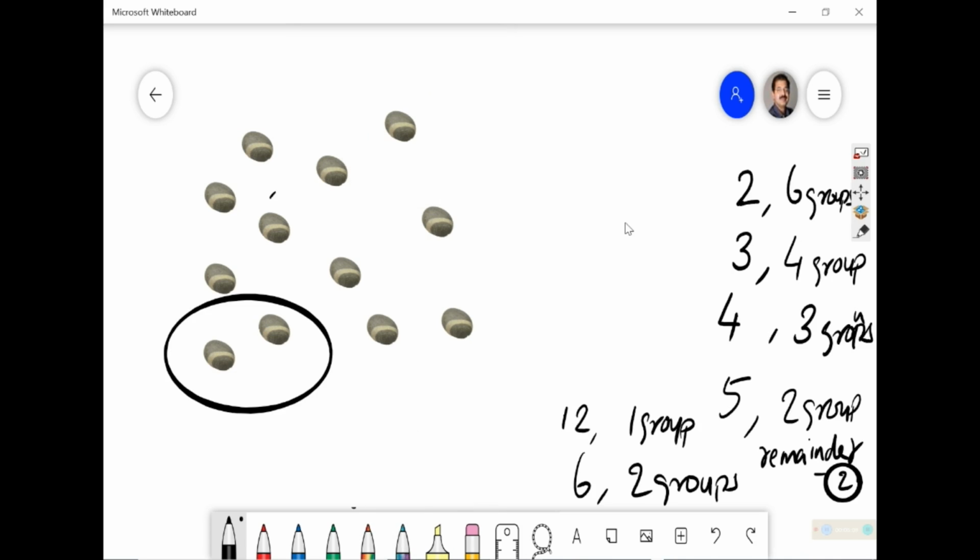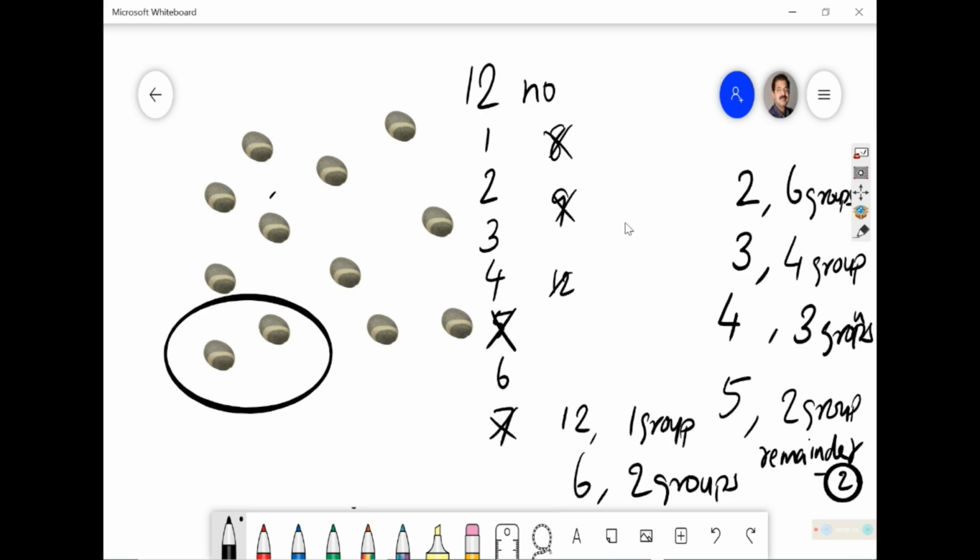From this, what I understand is that if you have 12 as a number, you can make a group of 1, group of 2, group of 3, group of 4, group of 5 not, group of 6, 7 not, 8 not, 9 not, 12 yes, 12 you can make. So this way we can make groups.